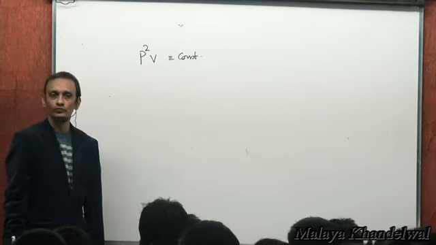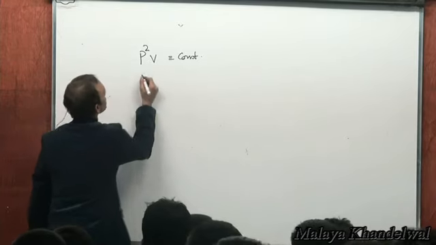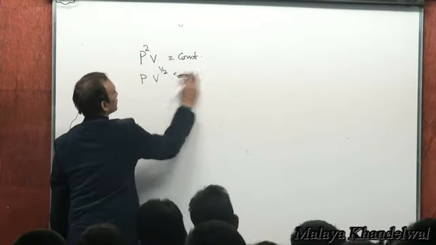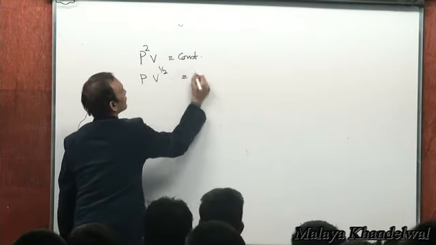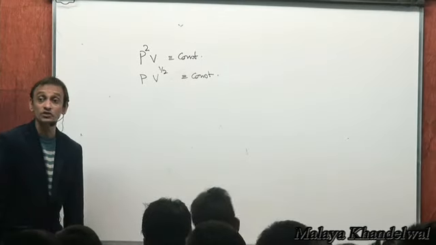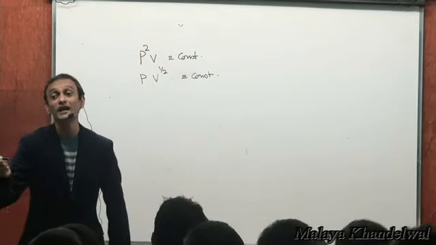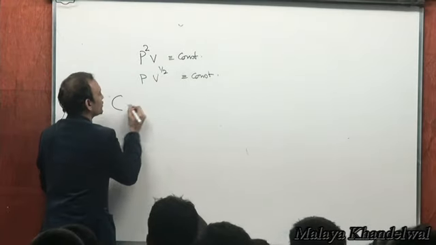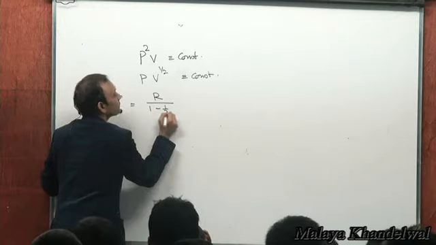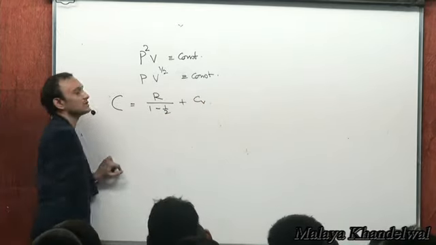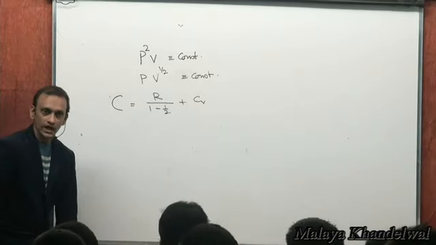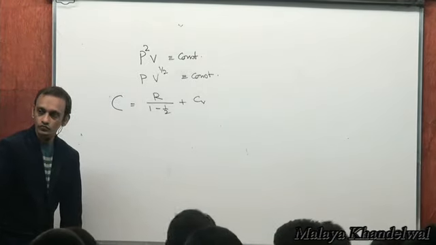What would you do? Take the square root of this. This would become PV to the power half equal to constant. Then what's the polytropic exponent? Half. So what's the C for the process? R by 1 minus half plus the CV for the gas. That's going to be the molar specific heat for the process. Right?